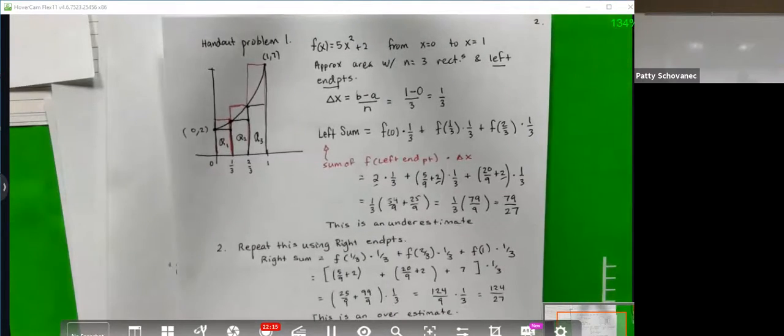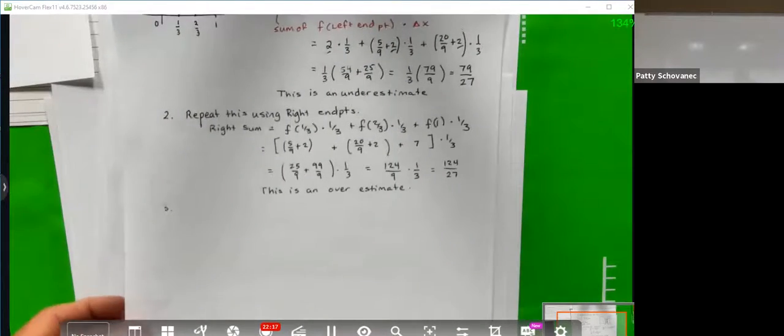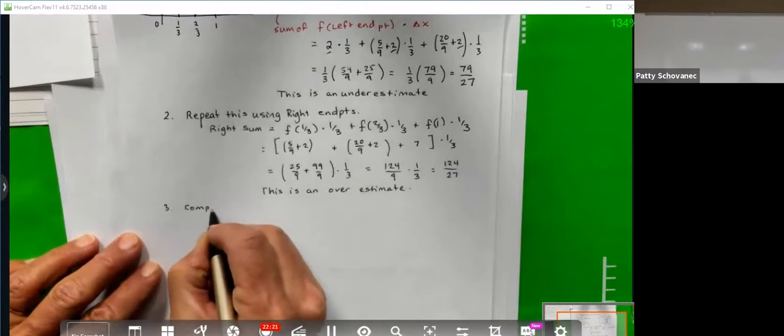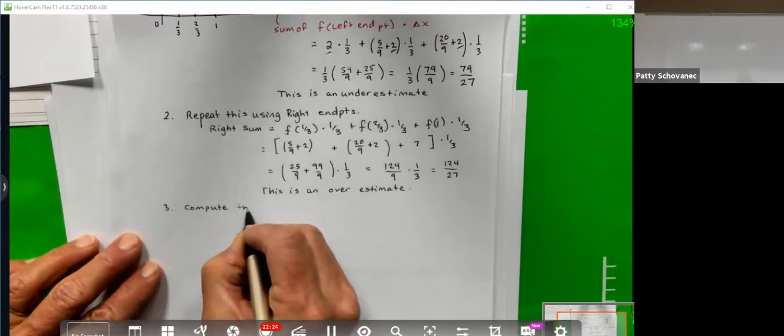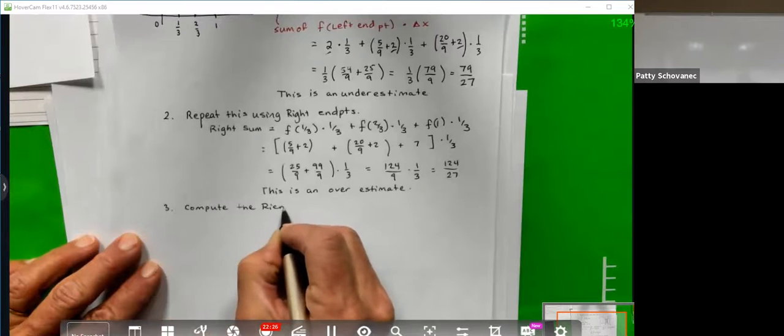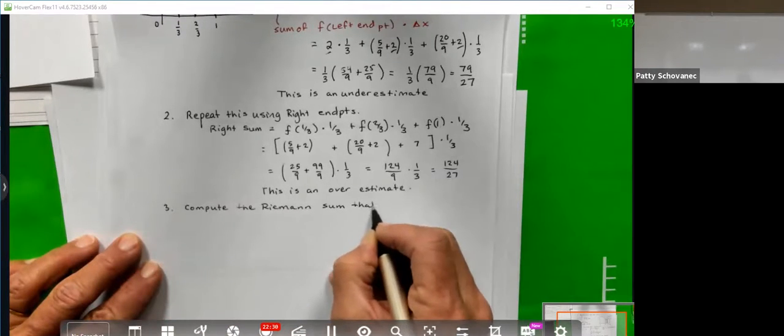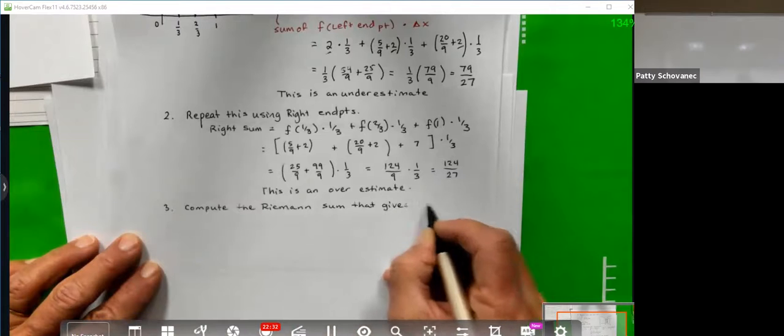Part 3. Let's compute the Riemann sum that gives the exact area.